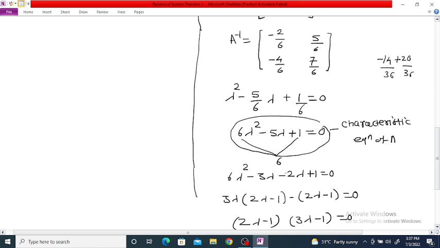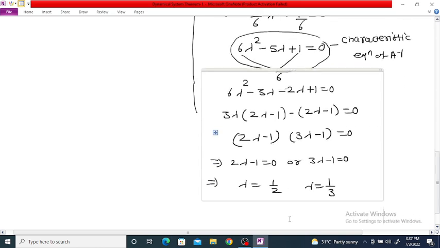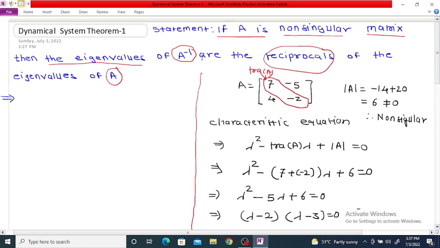And if we solve this quadratic equation, we get eigenvalues 1 by 2 and 1 by 3. Therefore, if the eigenvalues of A are 2, 3, then the eigenvalues of A inverse are 1 by 2, 1 by 3.